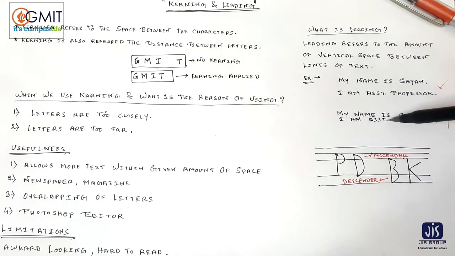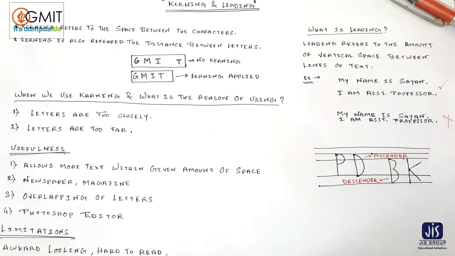But in this case, there is no particular vertical space. Actually, one is jumping over another, and the space between these two lines is very narrow. That's why this is not readable. This is much better. So this is the actual example of leading.